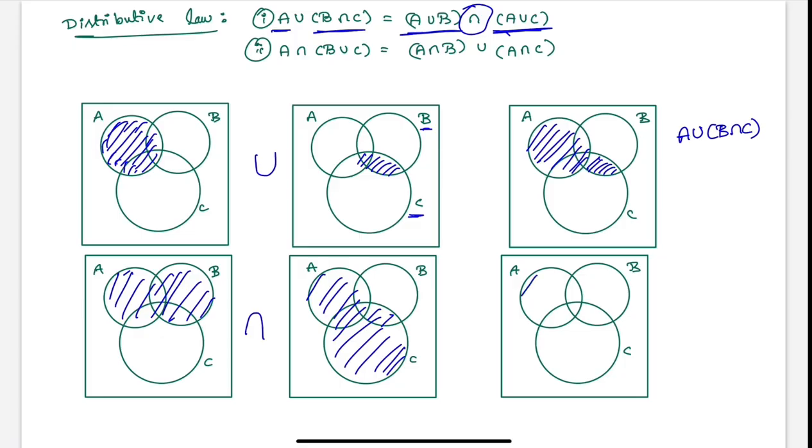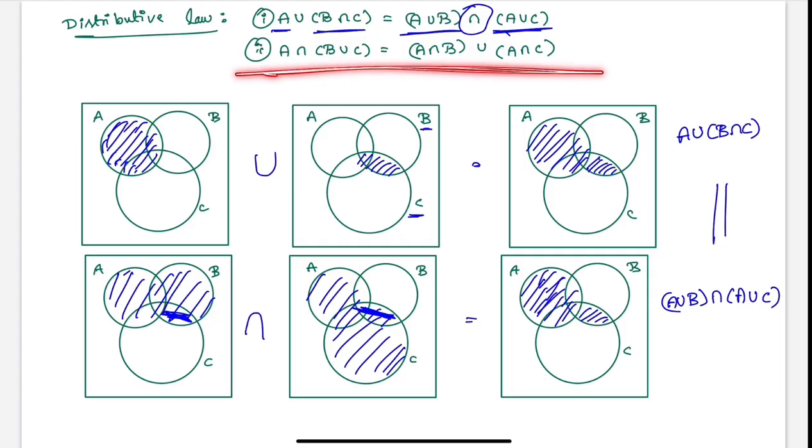Therefore, A is definitely a common region, plus this common region of B and C, that is B intersection C. So here what we got is A union B intersection A union C. So these two are equal.